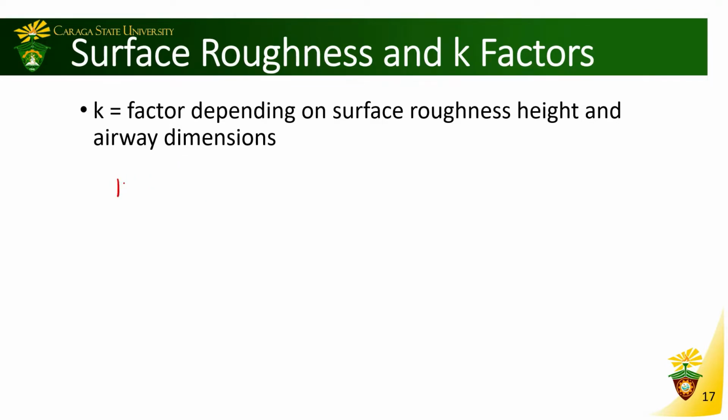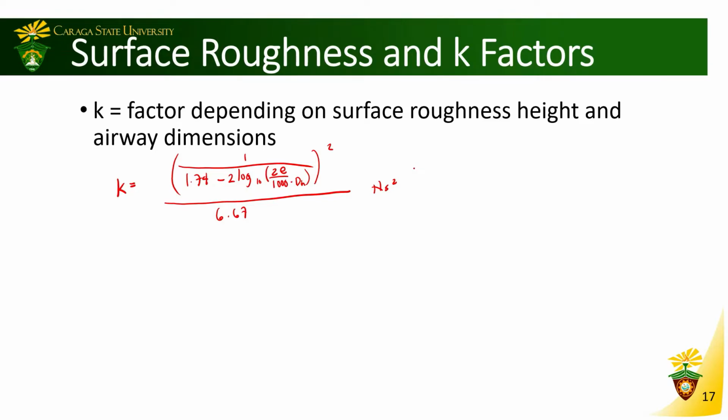K is equal to, this is a relatively long equation, 1.74 minus 2 log base 10 of 2e over 1000 hydraulic diameter, quantity squared, all over 6.67, and it's expressed in terms of newton second squared per meter to the 4.